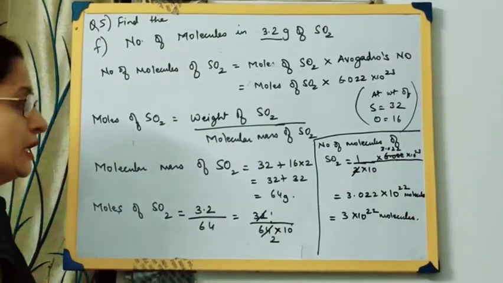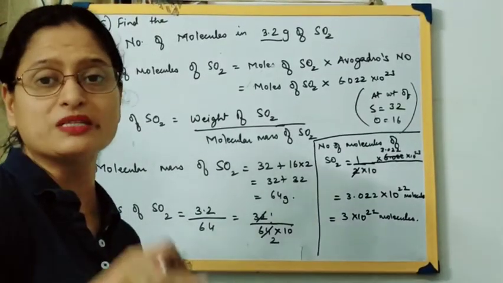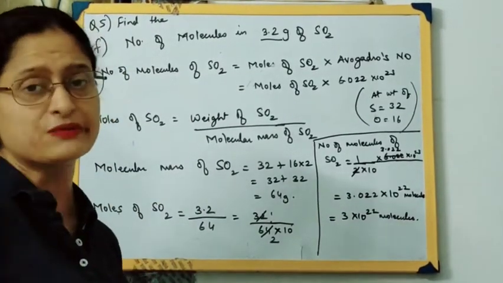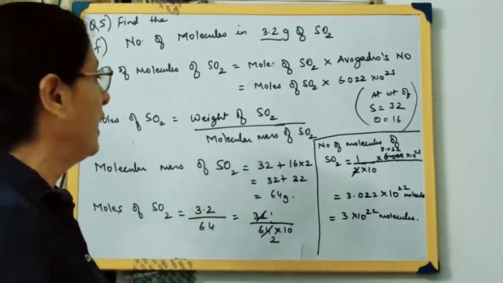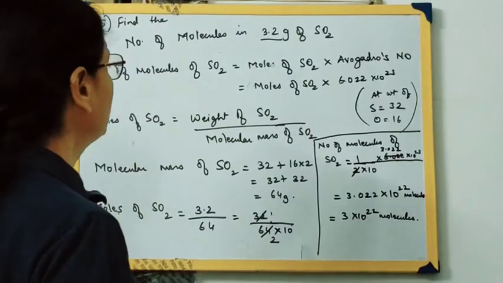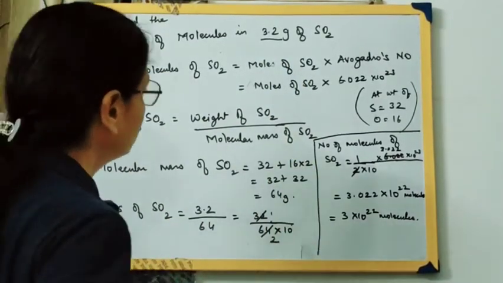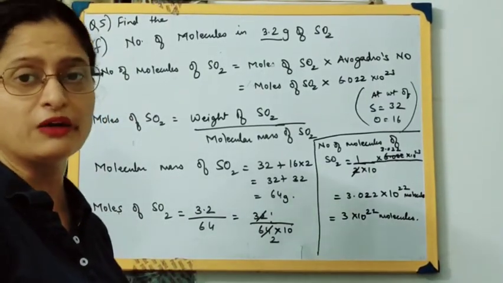Clear everyone? So this can be solved by another method also, which is the same. I have shown you two methods for that. First of all, you will find out the mass of one mole, and then you proceed: the mass of one mole of sulfur dioxide is equal to 64 grams. 64 grams contain 6.022 into 10 to the power 23, Avogadro's number.